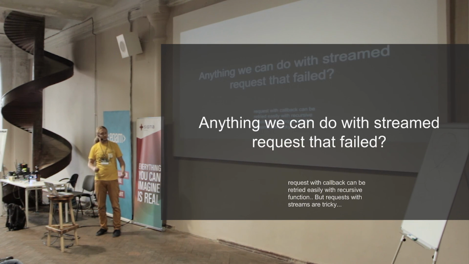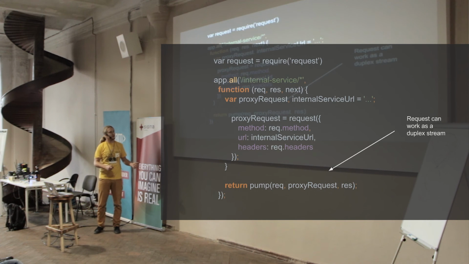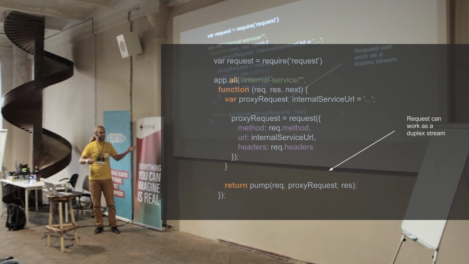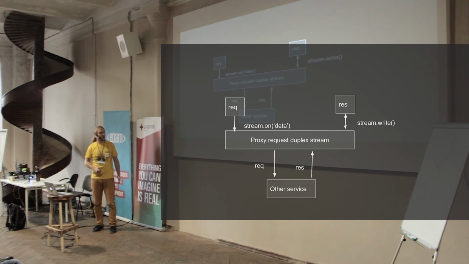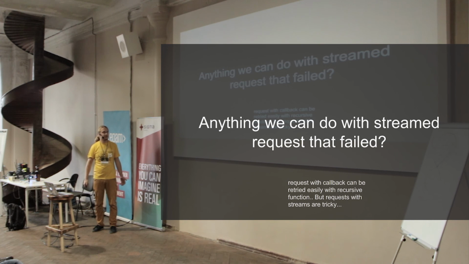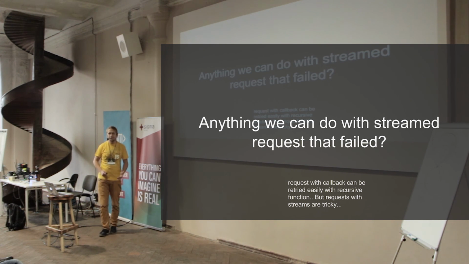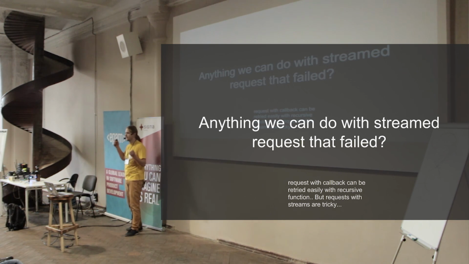What can we do here? We just have these streams piped together, so what can we do if a stream actually failed? For our API users, it's better to provide a successful request rather than a failed request.